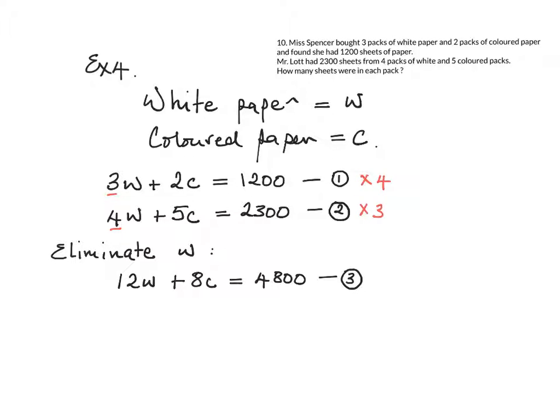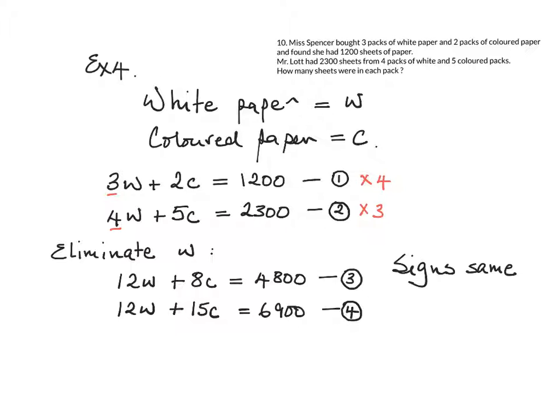Three times equation 2, 3 times 4 is 12. 3 times 5 is 15. And that's 6,900. So I've got a 12W and a 12W. Now that's a plus 12 and a plus 12. So the signs, this is interesting, the signs are the same.